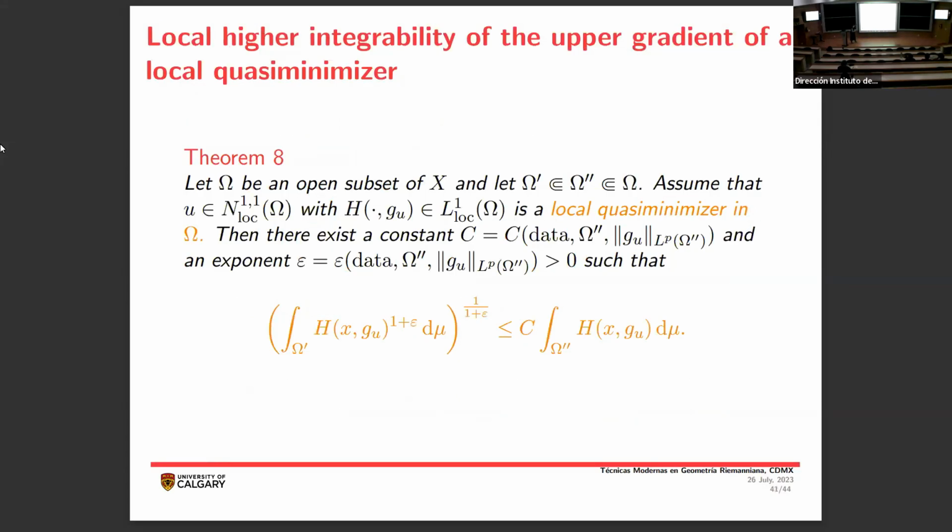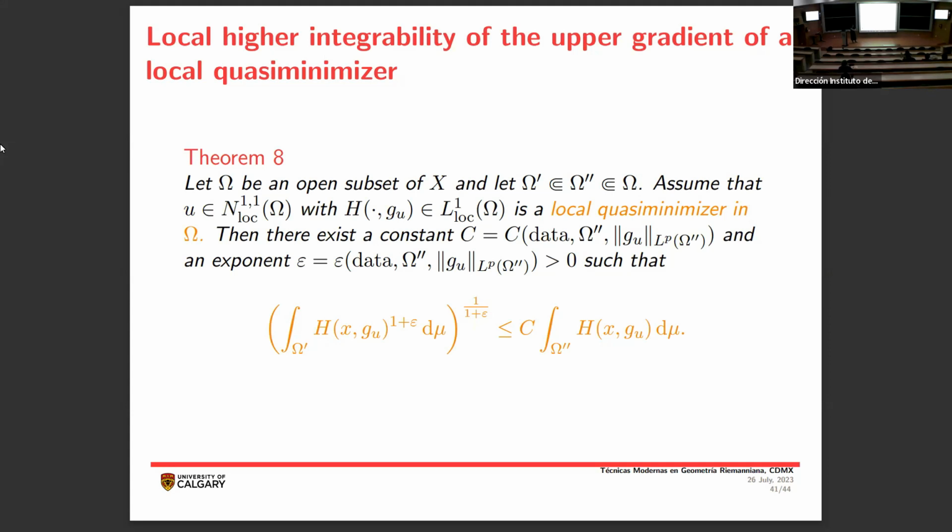So first, the local higher integrability. An application of the local estimate plus the local, or interior, double phase Poincaré inequality, we obtain the desired reverse Hölder inequality. So an application of Gehring's lemma gives us the improvement of the integrability in balls, and then a covering argument gives us this one.